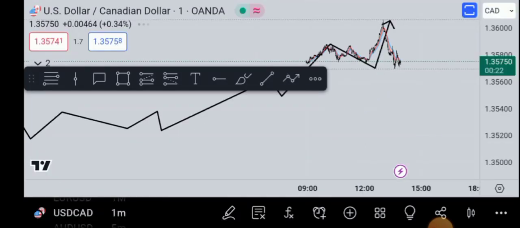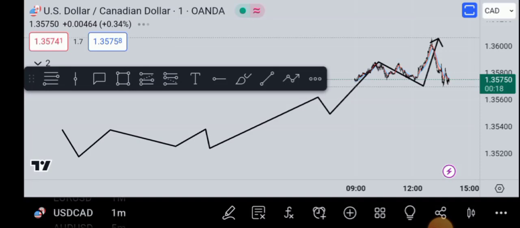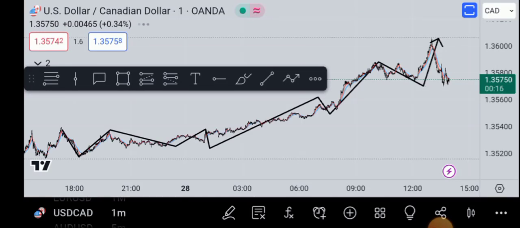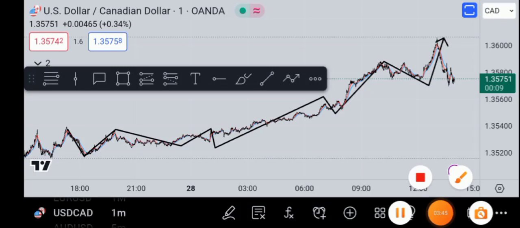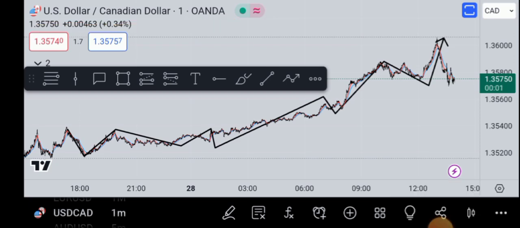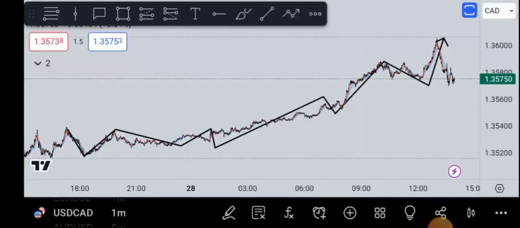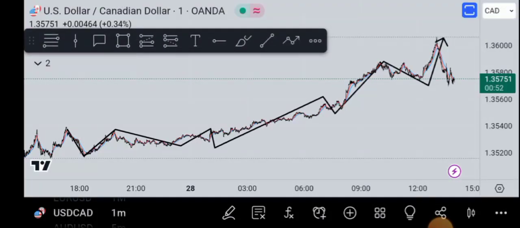What we are basically looking at is the supply and demand action. You can practically see here that this is actually the US dollar against the Canadian dollar. That means the US dollar has been moving higher and higher, appreciating above the Canadian dollar over time.